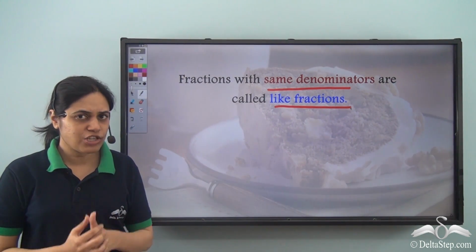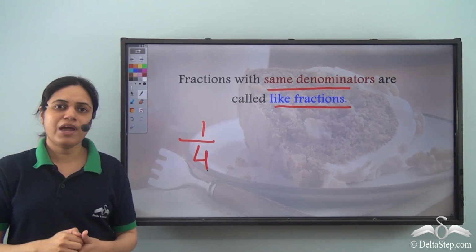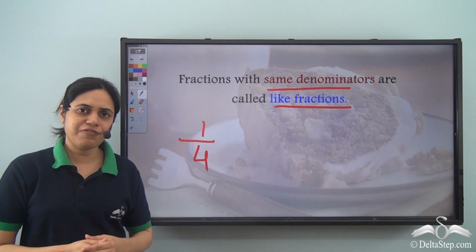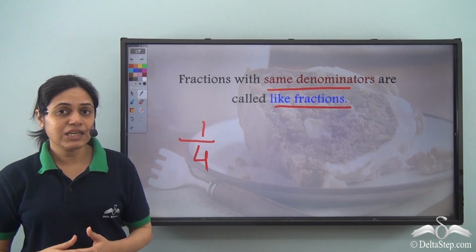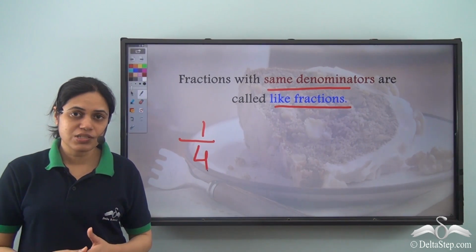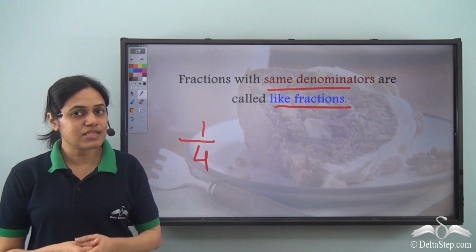So can one fraction be a like fraction? That is, if I write 1 by 4 and ask you, is it a like fraction? Will you be able to answer? No. We need 2 or more fractions. Then only can we compare whether their denominators are the same or not.